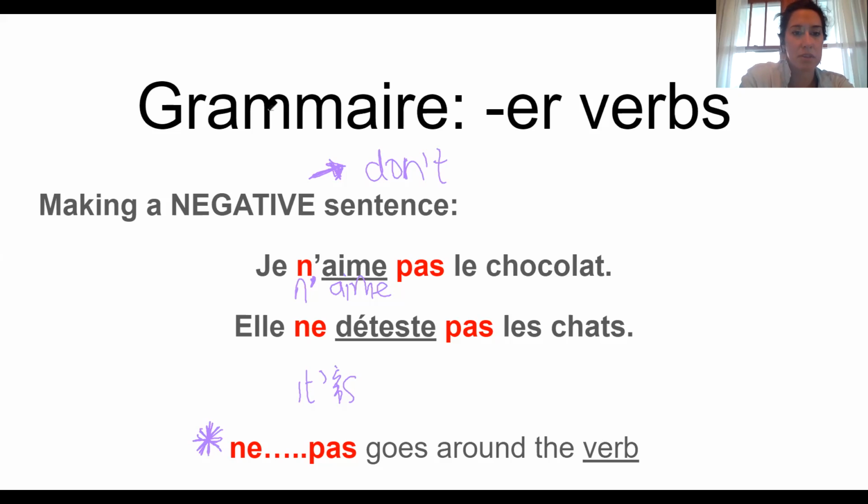Okay, so let me just get rid of this. Sorry if that confuses you, but that seems to help me and some students. So ne and the n apostrophe is the same. It's the negative. Je n'aime pas, elle ne déteste pas. And this absolutely has to go around the verb. You can't put elle ne pas déteste, or elle déteste ne pas, or elle ne pas déteste les chats, or elle déteste ne les chats pas.